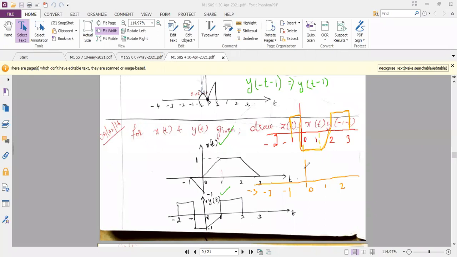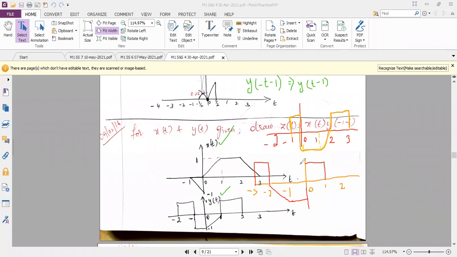What was there at 2, 3 now comes towards this side. It comes like this, then up to minus 1 it is like this, then here like this, then it is like this.